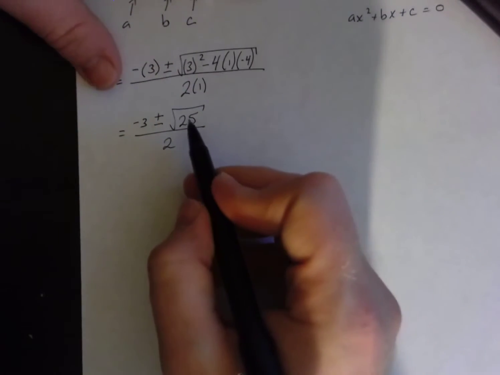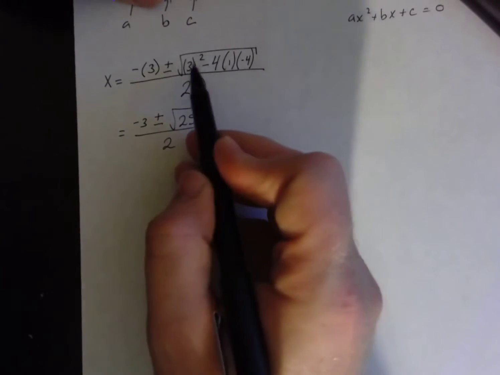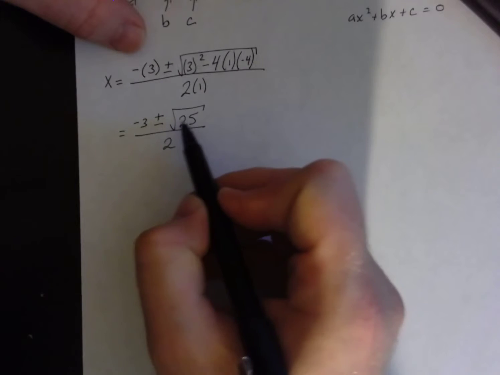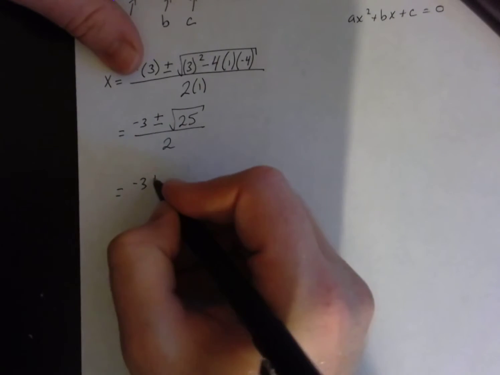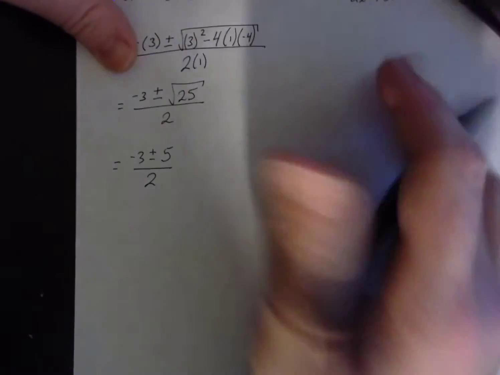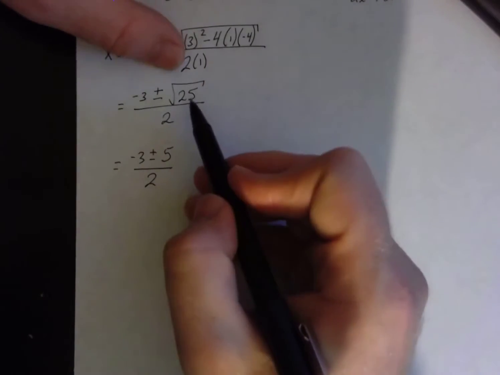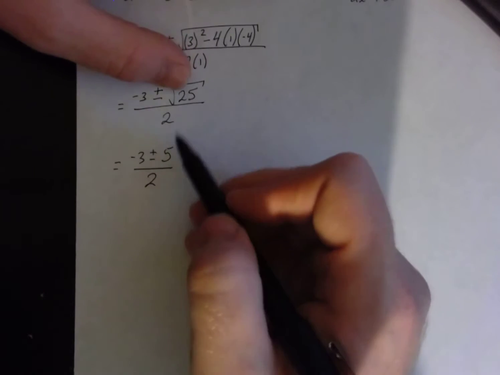Now, at this stage, we're going to try and simplify this radical. Again, the first step is to simplify the inside of the radical. The second step is simplifying the radical as a whole. So the square root of 25 we know to be 5, so I'm going to rewrite that as just 5. In this step, you'll notice that if I can simplify the radical, I must, and if I can eliminate the radical, I must.